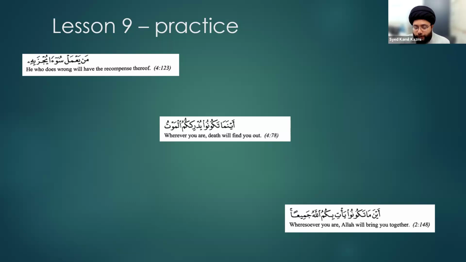remember we said that one of the ways that Majzoom displayed itself was that on the lam of the fi'l, there would come about a sukoon. Or in some cases, the noon would be taken away, except for two cases where the noon was not an alamat of raf, where it was an alamat of the feminine nature.